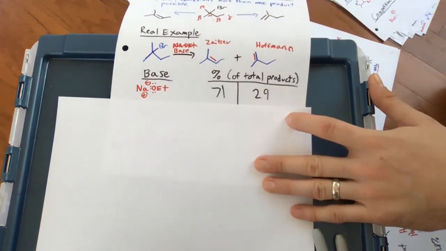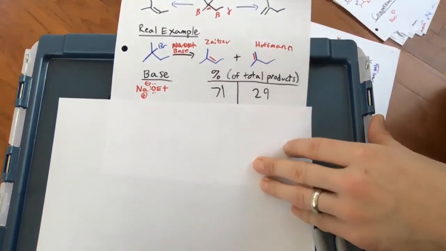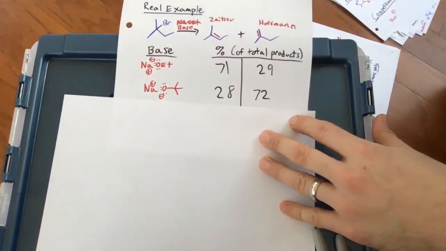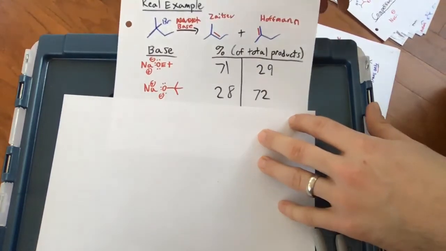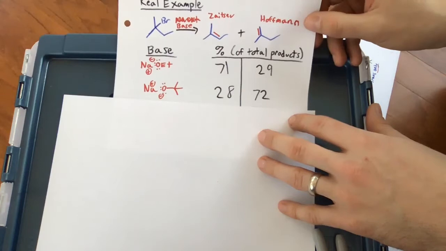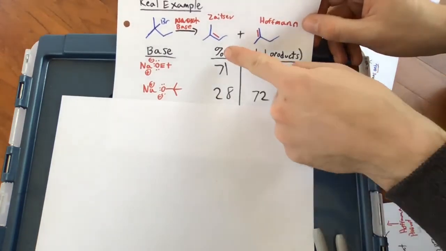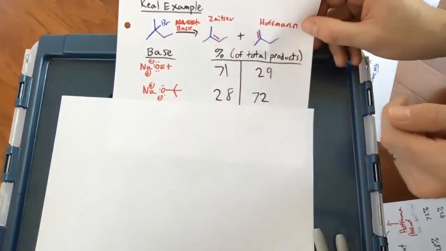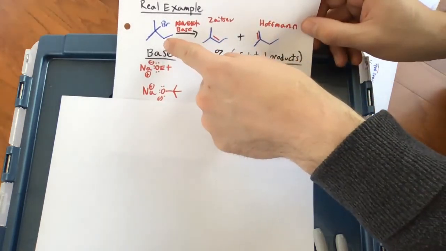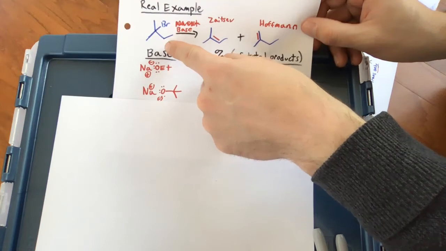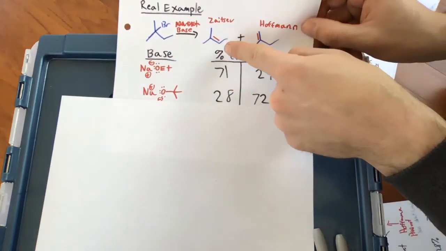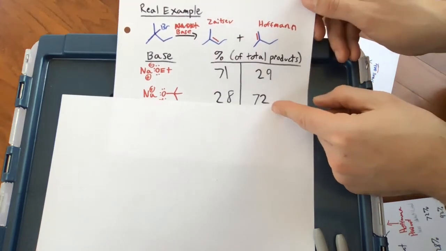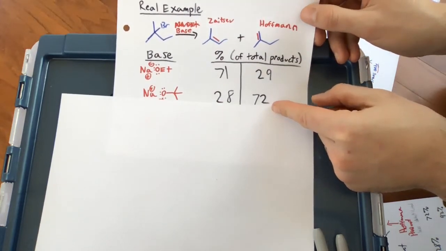But as you increase the steric bulk of the base, here, this tert-butoxide, this base is much less able to get into this proton here, the one on this beta carbon. And because it's much less able to deprotonate the proton at this position, you don't have as much of the Zaitsev product. And so the Hofmann product now becomes the major product formed.